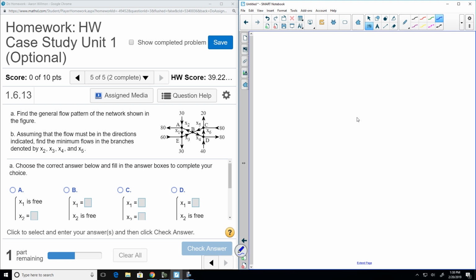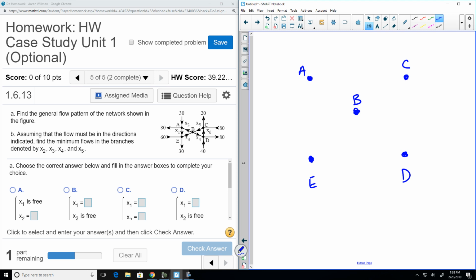So we got these 5 points: A, C, E, D, and we got B in the middle. And it's called a network.